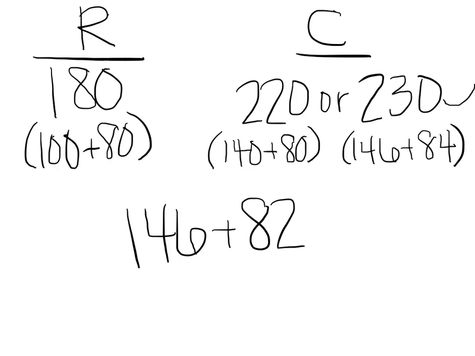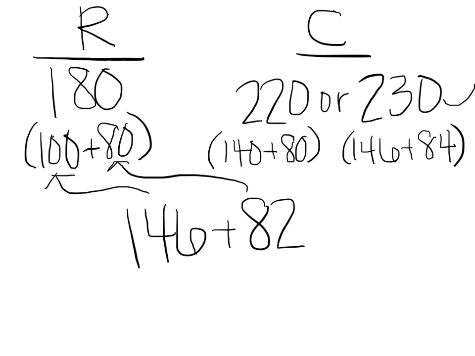When I look at the values that we did with both strategies, with rounding, my answer became 180. With compatible numbers, I got either 220 or 230. My original problem was 146 plus 82. We really like to compare and see which one was our best estimate. In this case, to get to the 100 that I rounded to, I had to take away 46. In this case, I had to take away 2 for the 80.